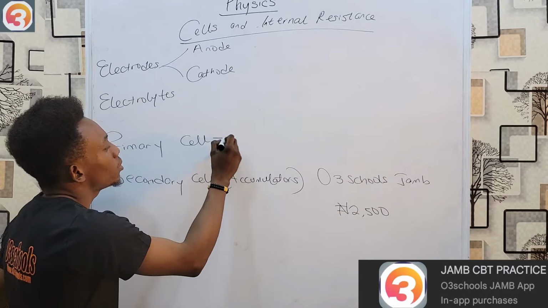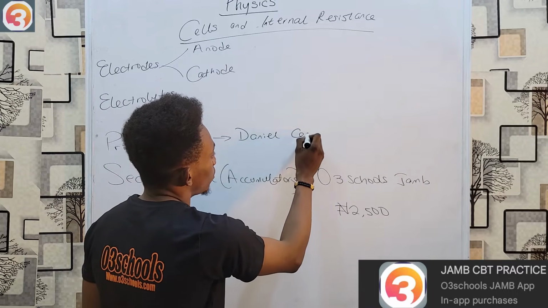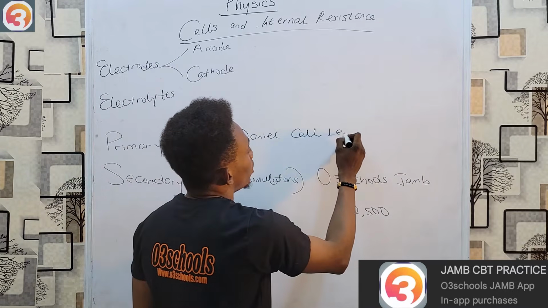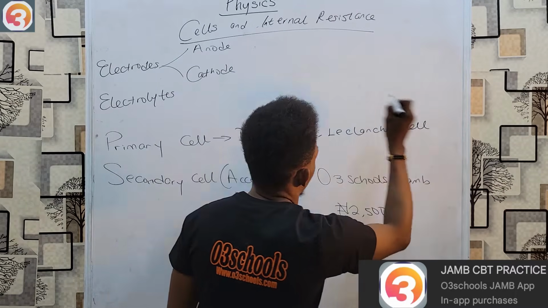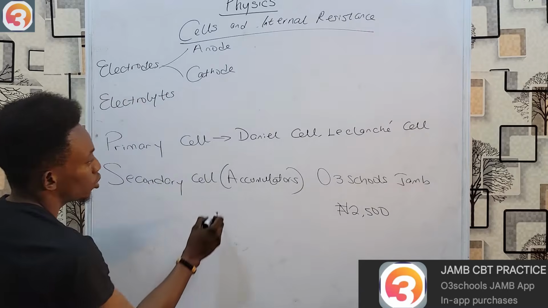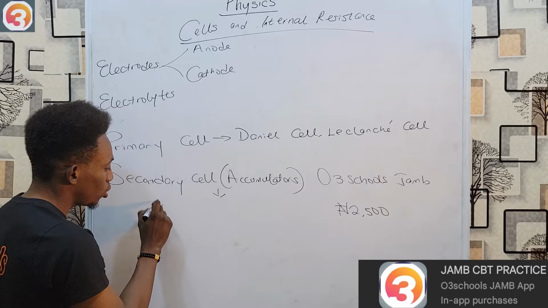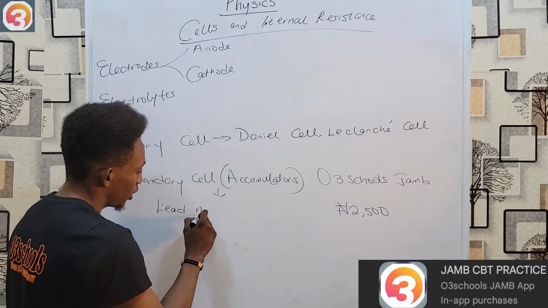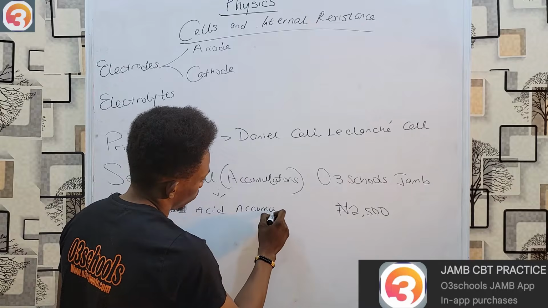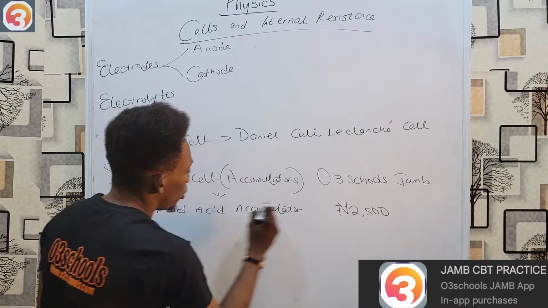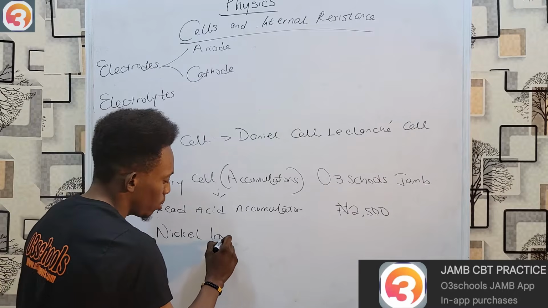And there are several types of primary cells. There's the Daniell cell, and there's also the Leclanché cell. While for secondary cells, we have the lead acid accumulator, and we also have the nickel iron accumulator.